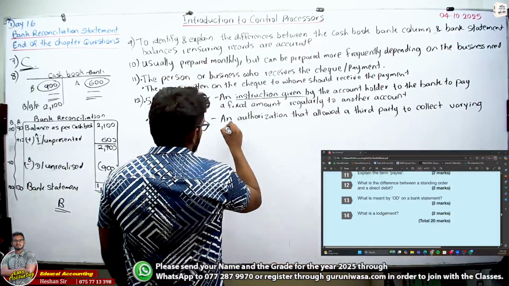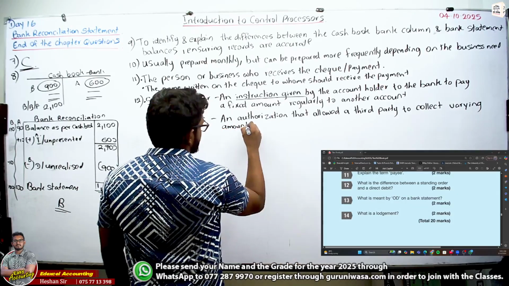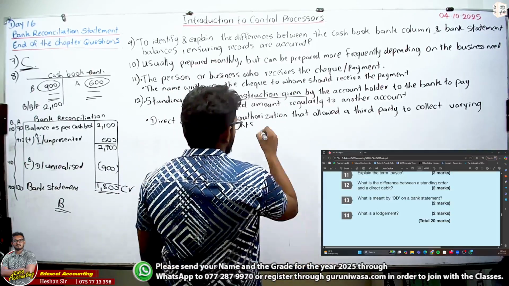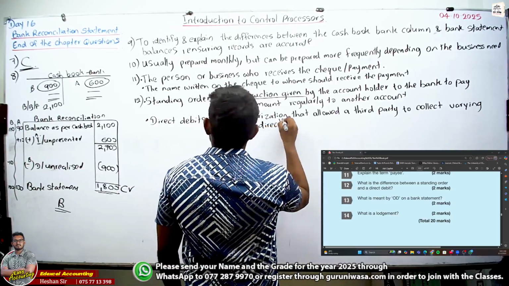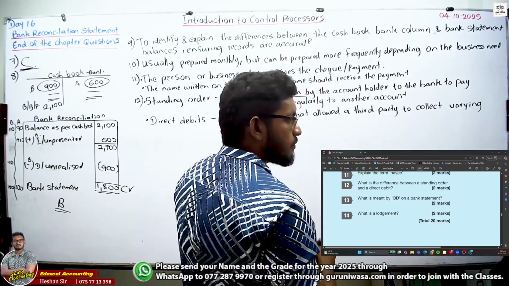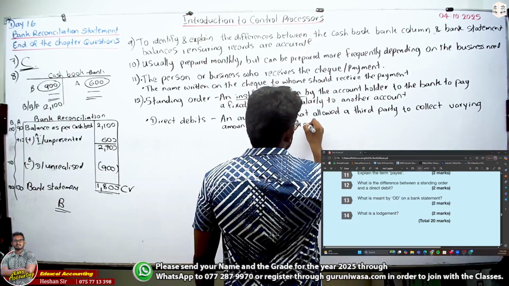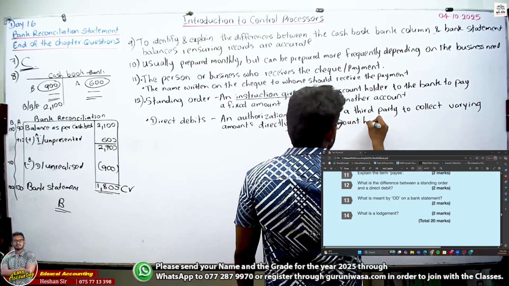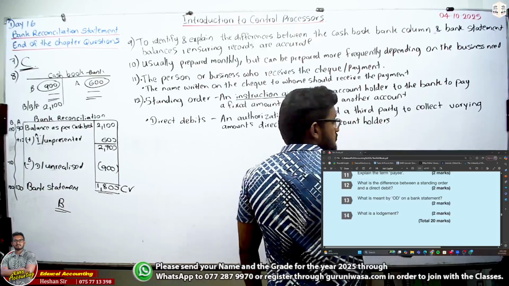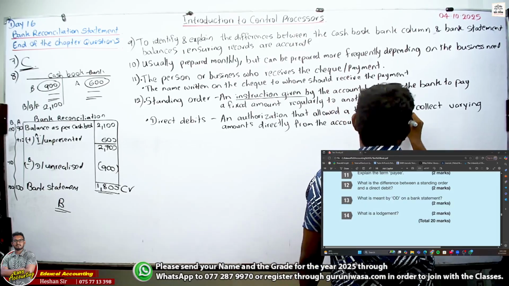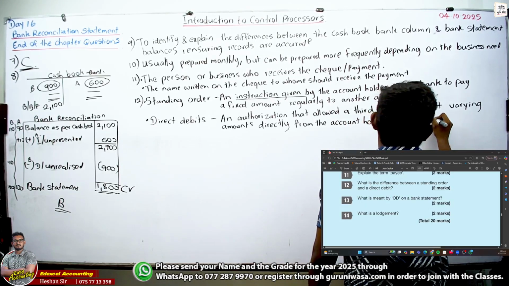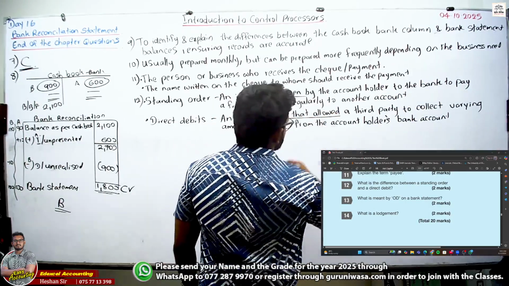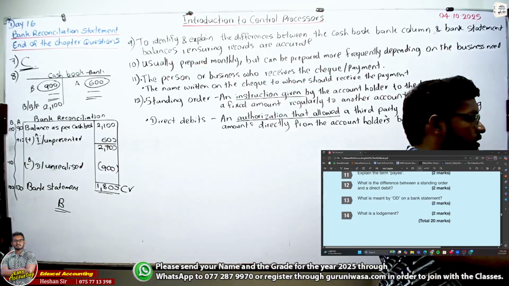It's not a fixed amount, right? It depends. Sometimes the first month 1000, second month 900.